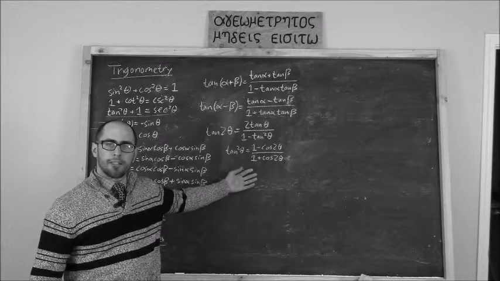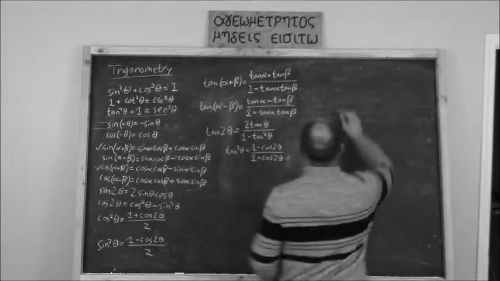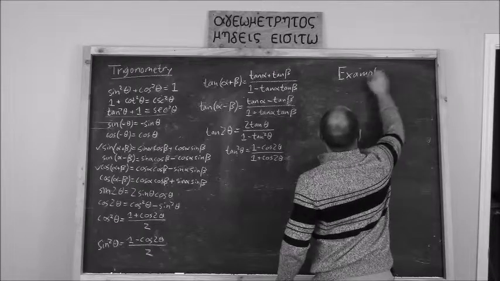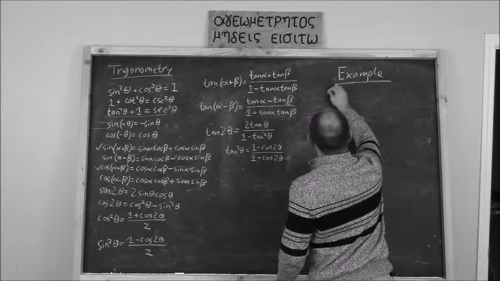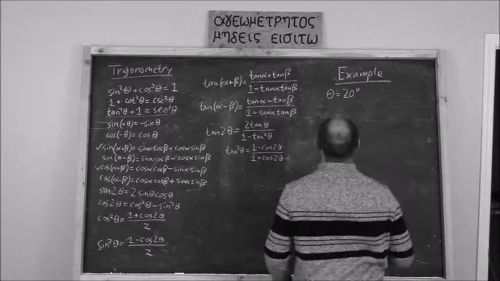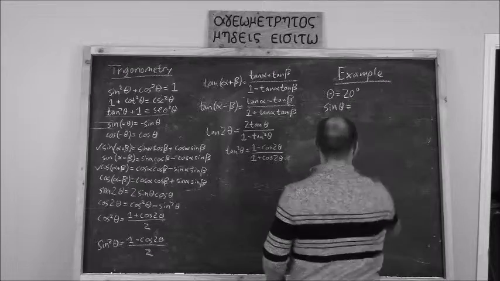Notice how I have summarized the results here, leaving room for us to complete an example. As an example, let us say theta is equal to 20 degrees. All right, so sine theta equals.